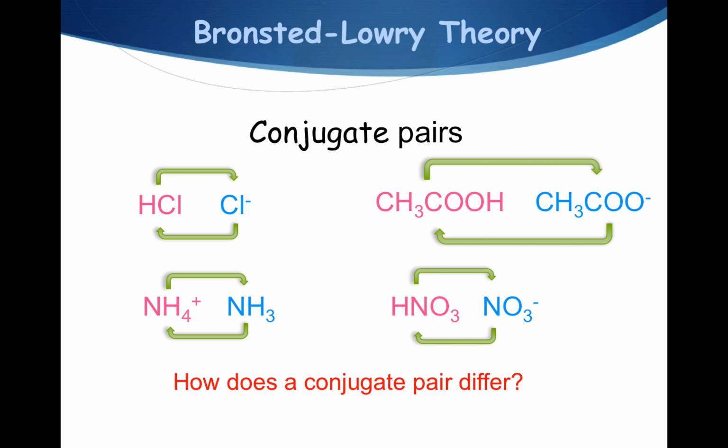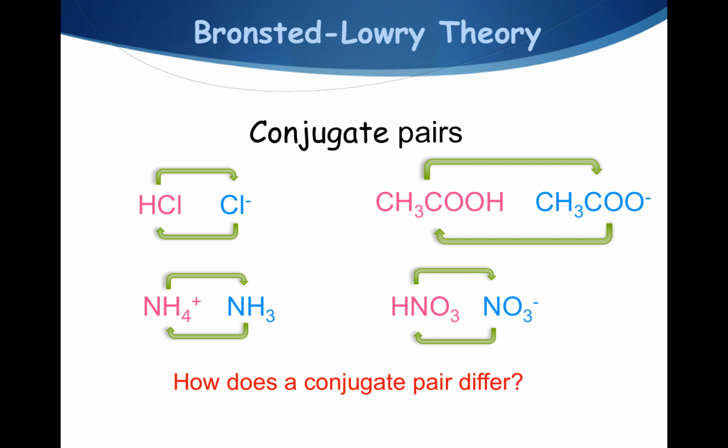NH4 and NH3, one hydrogen ion. And lastly, HNO3 and NO3 negative, don't they differ by one hydrogen ion? Conjugate acid-base pairs differ by one hydrogen ion, by one proton.